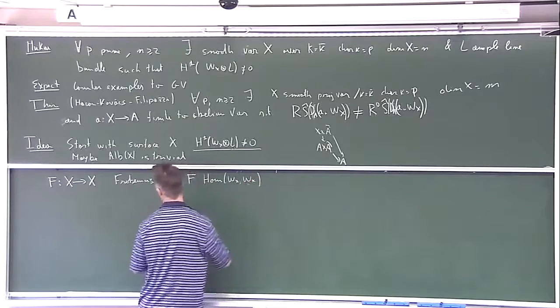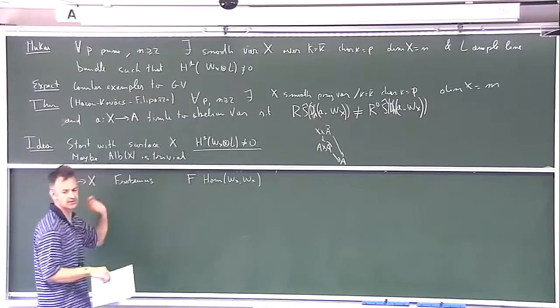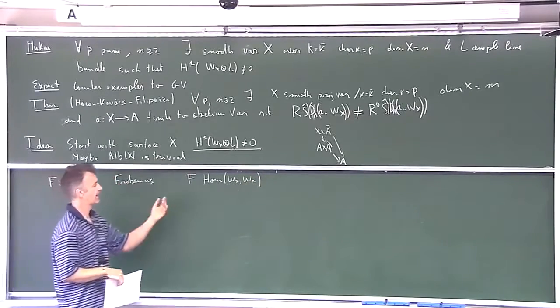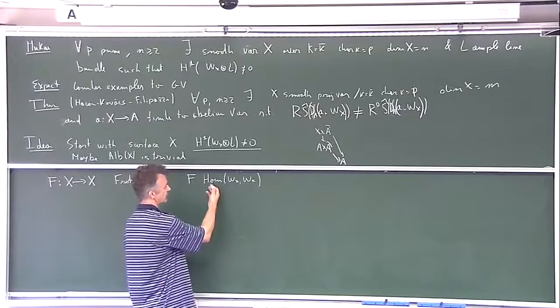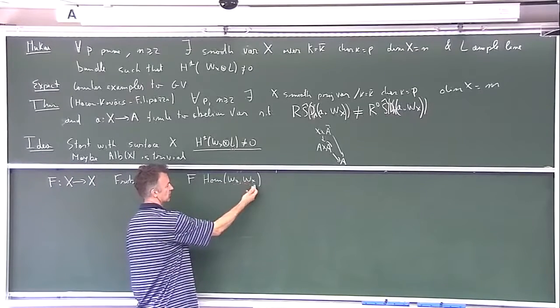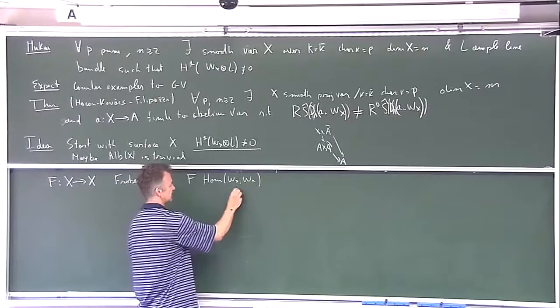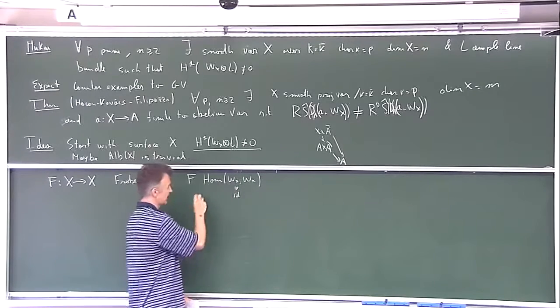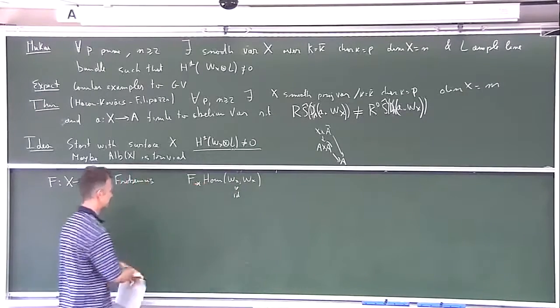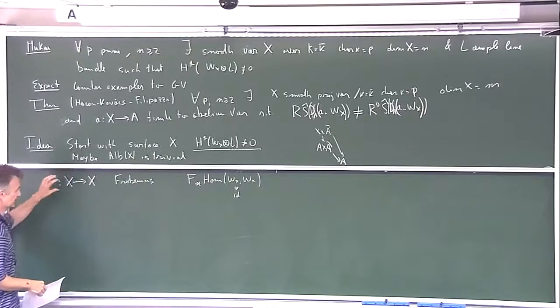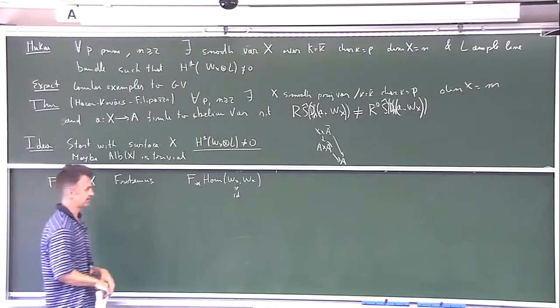I'm thinking of X as a smooth projective variety, and I can look at the space of homomorphisms from ω_X to ω_X. In particular, there's a nice element in here, which is the identity, and I can push this forward by the Frobenius map.